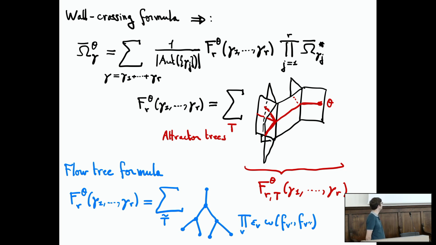DT invariance. And at this place, this wall corresponds to a splitting of gamma into some gamma i. And then you branch your tree, and you continue into the upper plane gamma i perp, and then you move towards the attractor points for the gamma i, and then you iterate and you sum over all the possibilities.